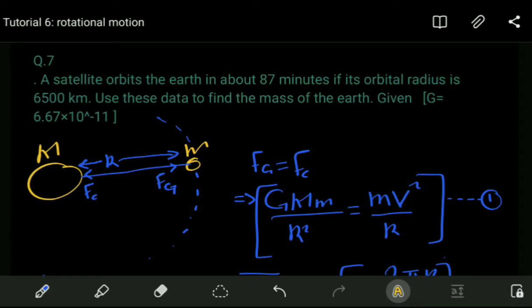So therefore we have gravitational force being equal to the centripetal force, and the gravitational force of the Earth with respect to the satellite is given as G, mass of Earth times mass of the satellite over r squared, r being the distance between the two, must equal centripetal force. This is our equation 1.